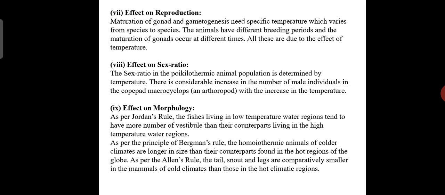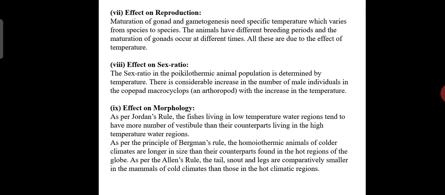So next, effect on morphology. As per Jordan's rule, the fishes living in low temperature water regions tend to have more vertebrae than their counterparts living in high temperature water regions.